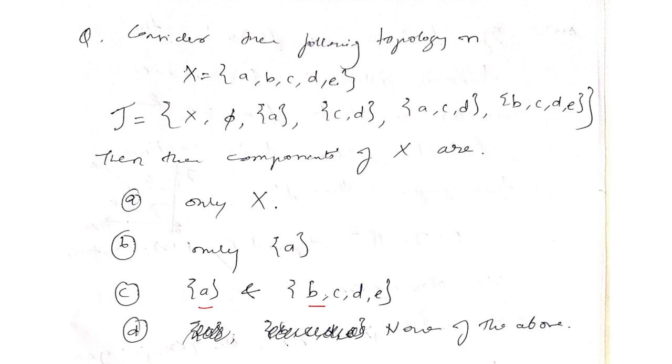And why are these connected? Okay, you are saying that it is largest connected, but why are these both connected? Singleton {A} and {B, C, D}, why are these sets connected? No separations.